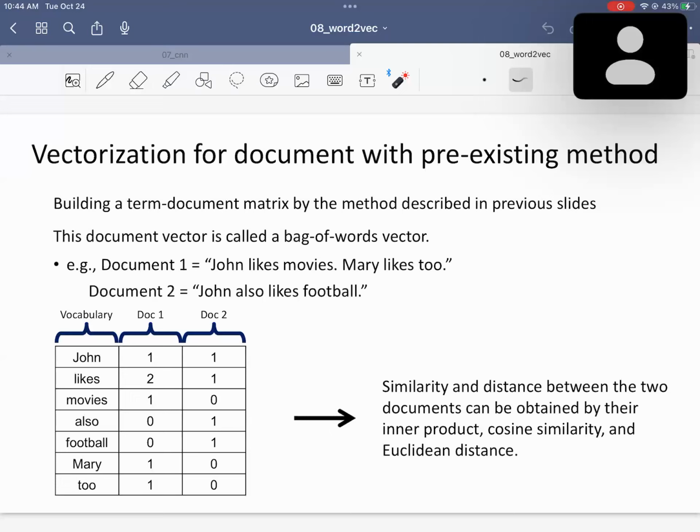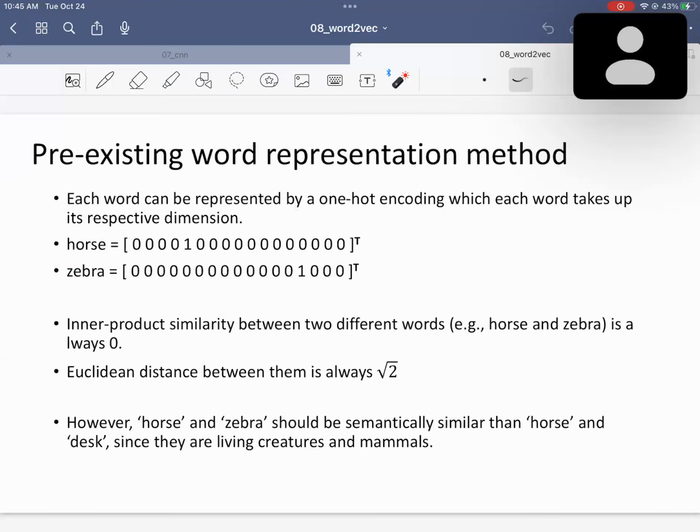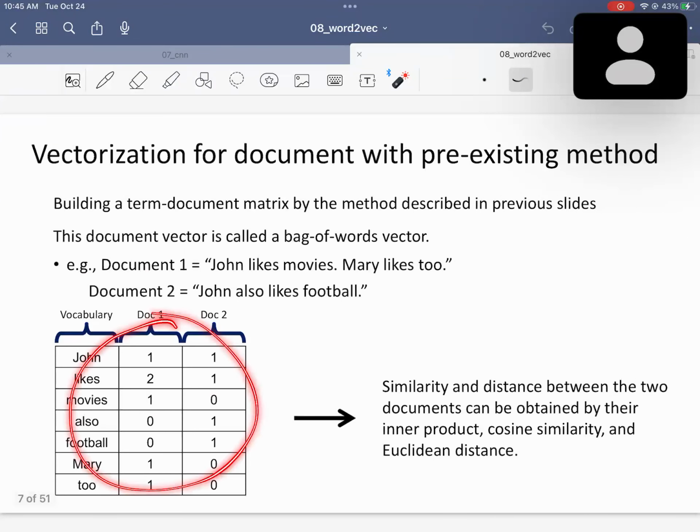Question: what is the loss function that forces this autoencoder to make words semantically abstract? Well, I'm not using any autoencoder here, so I don't understand your question. We didn't do any learning so far. One-hot embedding doesn't require any learning or training. You just count the number of terms in this document and this document, and that's it.